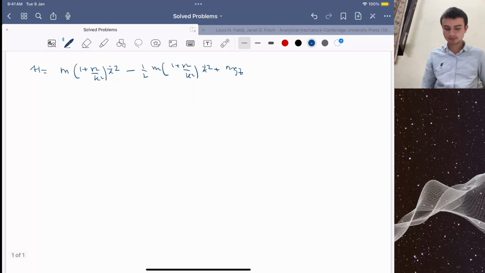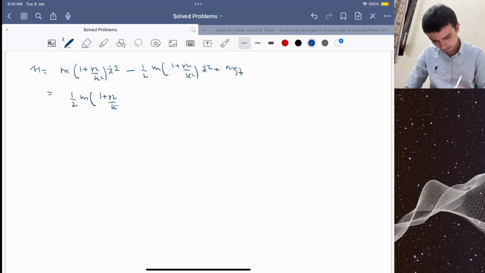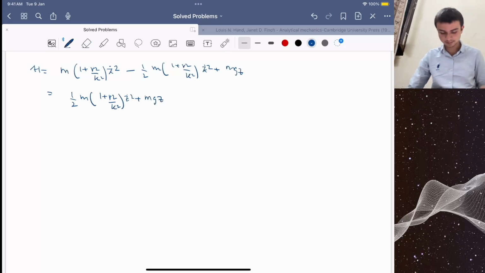So the Hamiltonian is 1/2 m (1 plus r squared by k squared) z dot squared minus mgz.